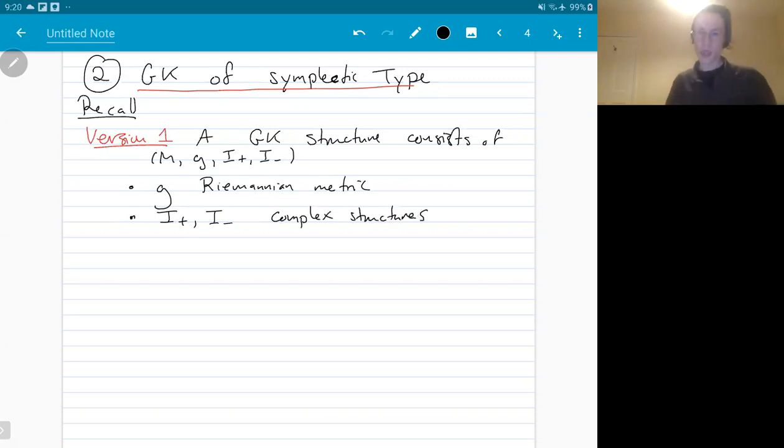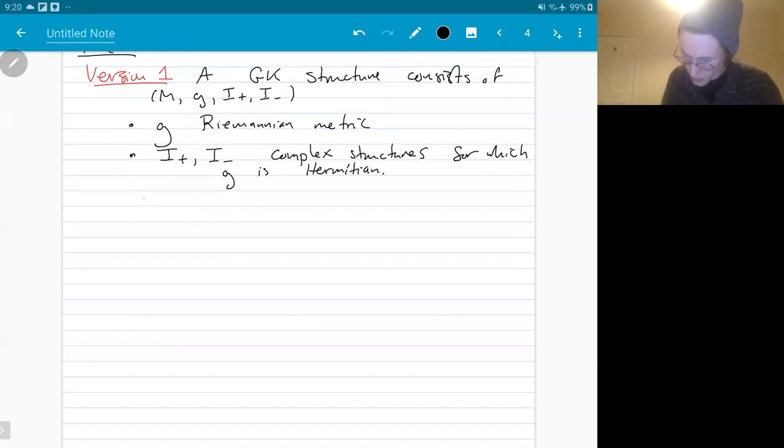So we have two complex structures, but for which g is Hermitian with respect to both, and it satisfies an integrability condition. If we define omega plus and minus to be the associated Hermitian forms, these are two-forms, then these satisfy the following equations.